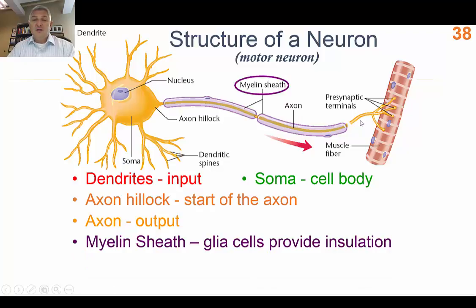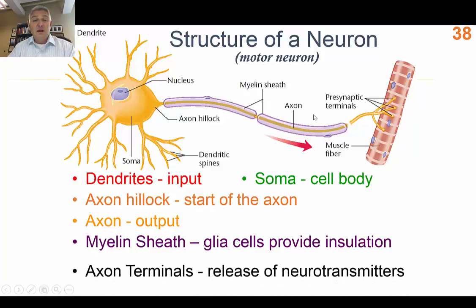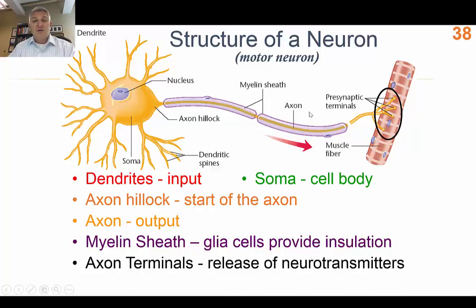That's the glial cell providing insulation. Remember, oligodendrocytes, those are the myelin that are found in the central nervous system. Schwann cells, like we see here, are in the peripheral nervous system. And then finally, we have our axon terminal, which is the output.